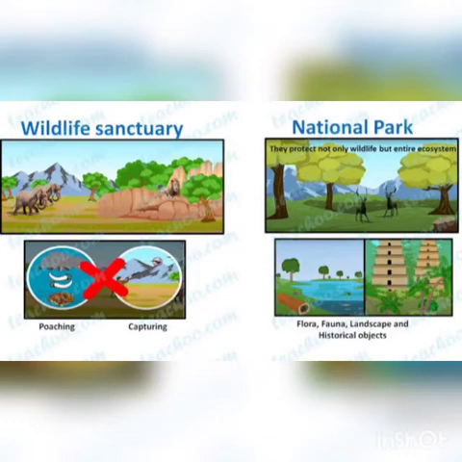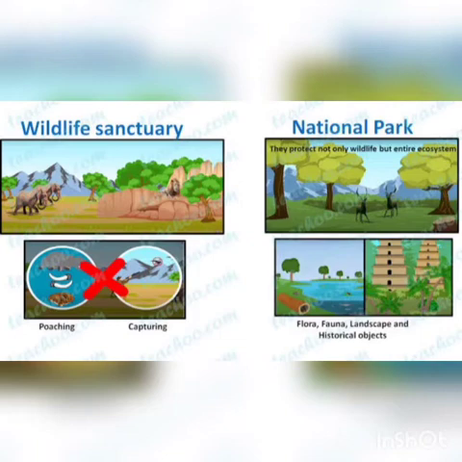So these are the two things that you can differentiate. For example, tourists are allowed in a wildlife sanctuary. There you can go and watch the animals, but not in national parks.